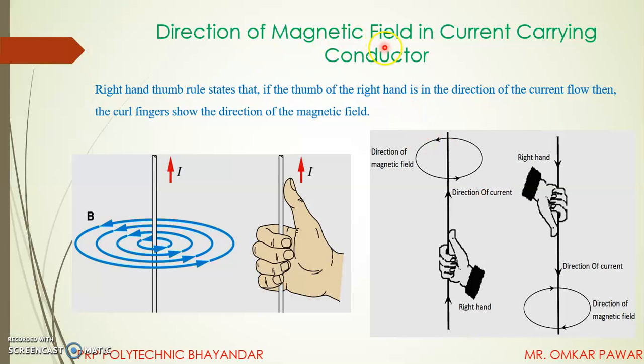So, direction of magnetic field in a current carrying conductor. How do we calculate the direction of the magnetic field in a current carrying conductor?